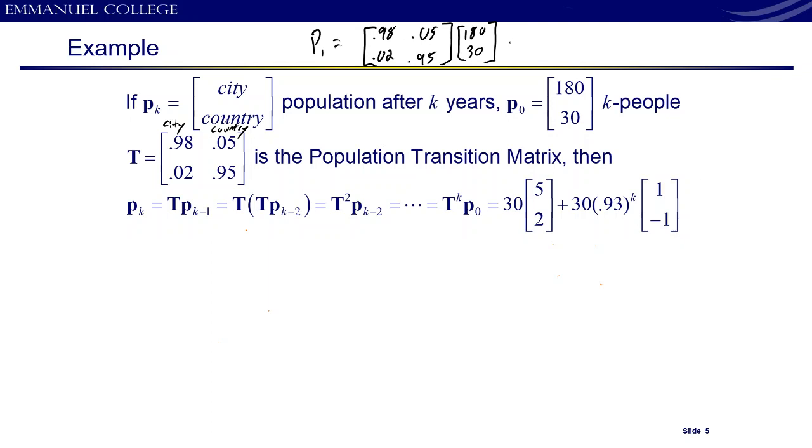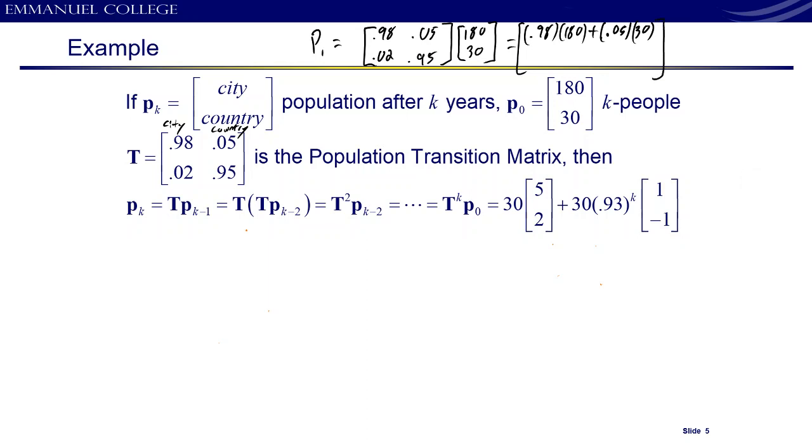And the way you get that is, first row, 0.98 times 180. That means 98% of the population is staying, plus there's 5%, so the 0.05 of the country population that's leaving.